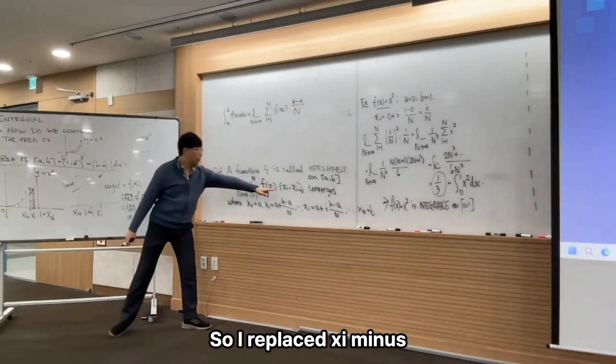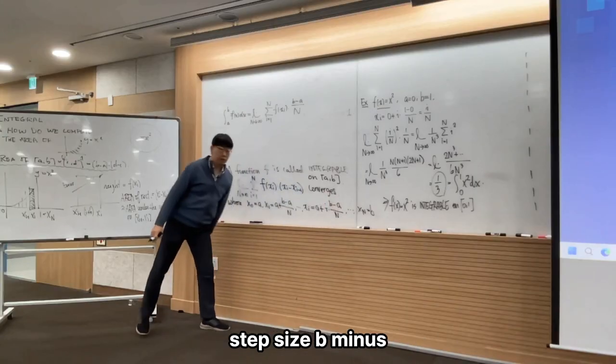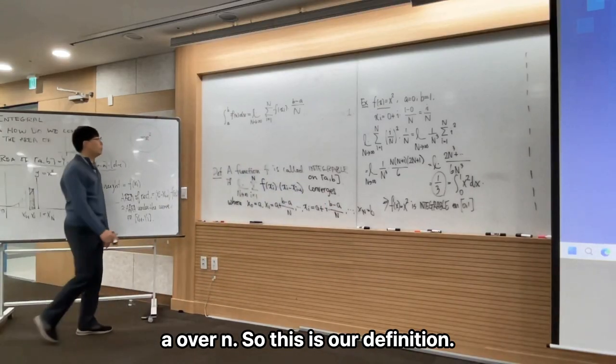I replaced xi minus xi-1 with the step size, (b minus a)/n. So this is our definition.